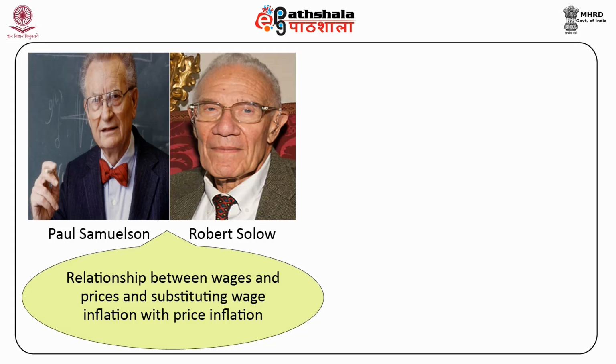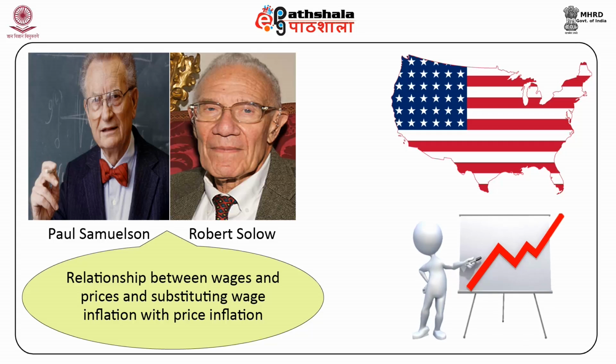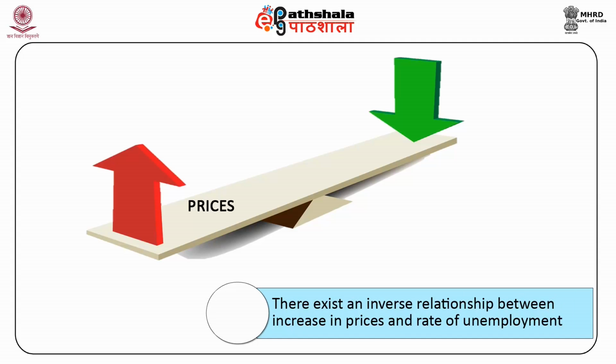They studied the relationship between the rate of inflation and the unemployment rate for the United States over the period 1934 to 1958, comparing the year-over-year increases in the average price level with the average annual unemployment rate. Thus, the Phillips curve came to be described as a relationship between the rate of increase in prices and the rate of unemployment. The inverse relationship between the two was reaffirmed.